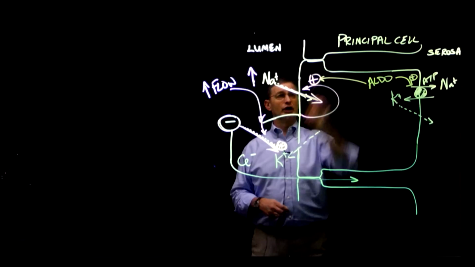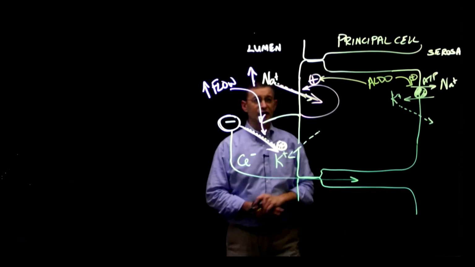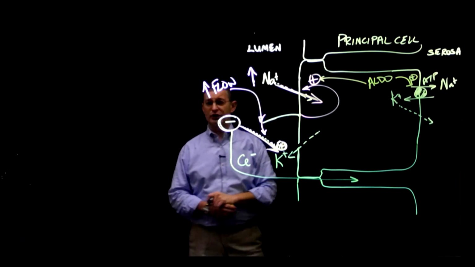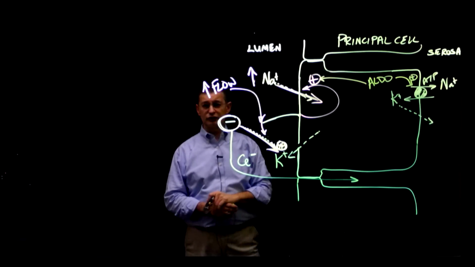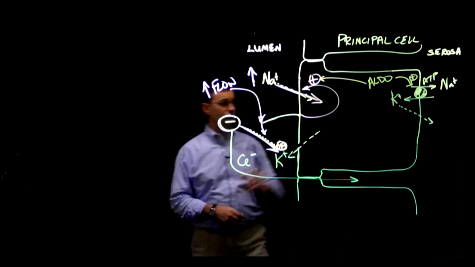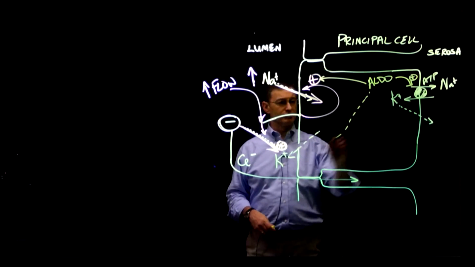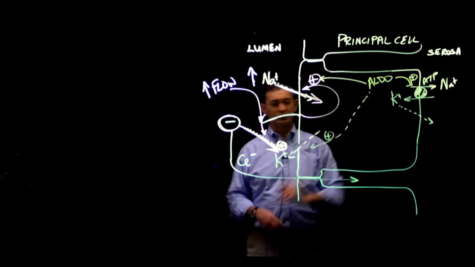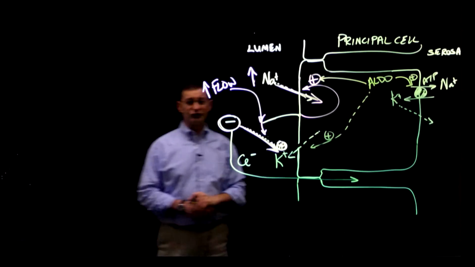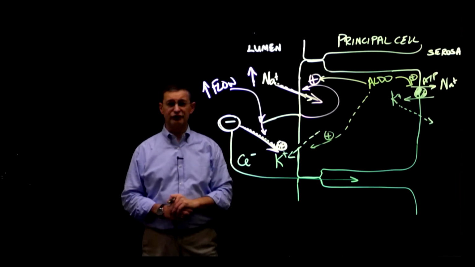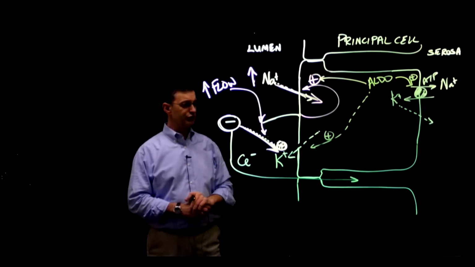Aldosterone will also have a positive effect on the number of sodium channels and the relative open time of the sodium channels. And eventually, aldosterone will have a positive impact on the number of potassium channels and their open time.